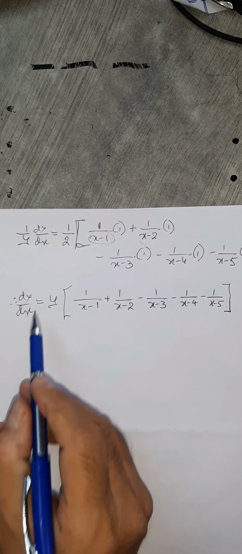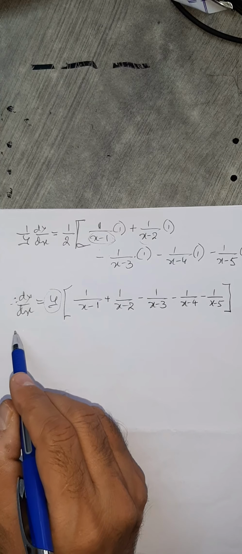And you can put the value of y here, that is your answer. No need to simplify further. If you want, you can take LCM on the bracket, but that's fine.